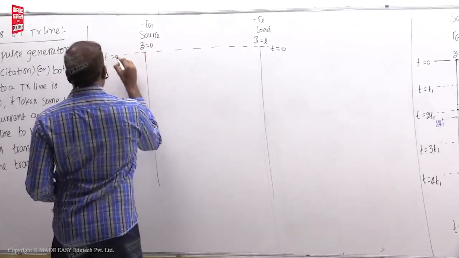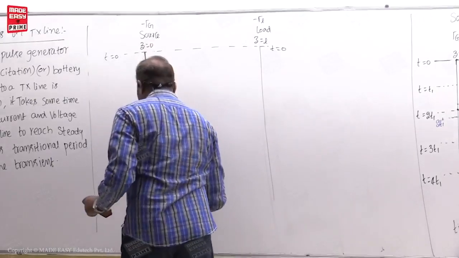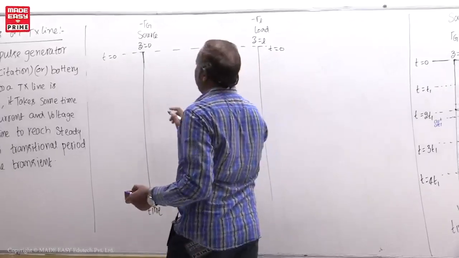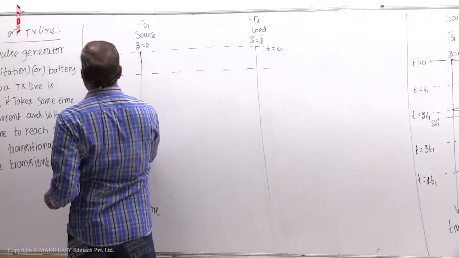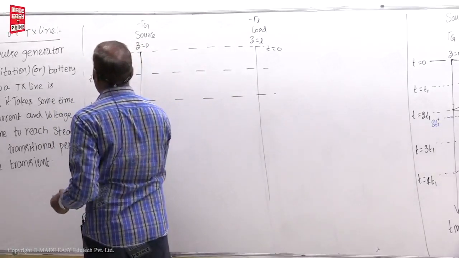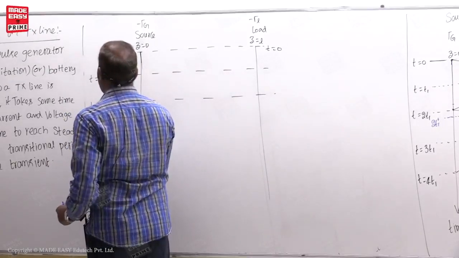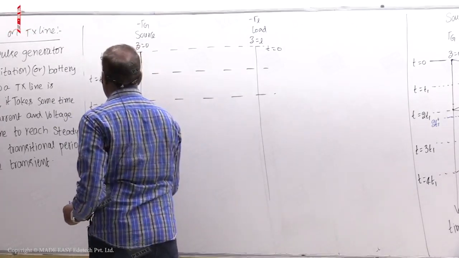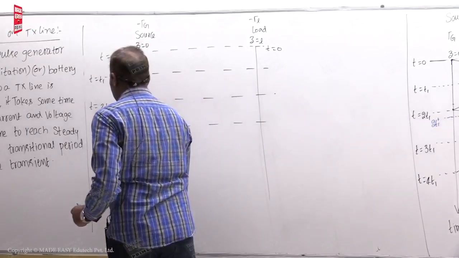Time axis is taken here like this, time. Now this is distance. This one is actually T is equal to T1 time. This one is T is equal to T2 time. This T2, T1 and T is equal to 3T1. Like this it is going on, 4T1.